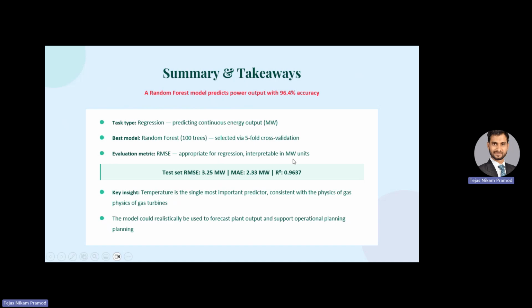The final results were an RMSE of 3.25 megawatts, a mean absolute error of 2.33, and an R square of 0.96. The key insight is that temperature is the single most important predictor, consistent with the physics of gas turbines. The model could realistically be used to forecast plant output and support operational planning.